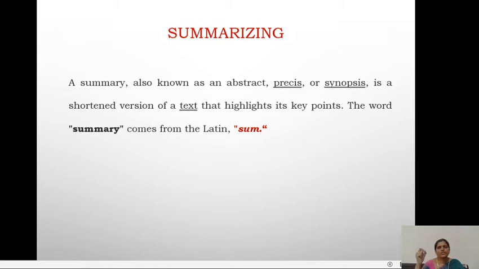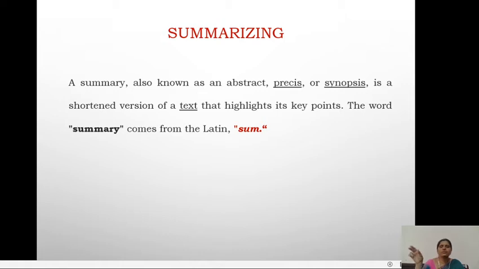But we have a few things to follow when we are summarizing a text. That means when we are making it short, you have to focus on the main points that the author tried to describe, or tried to focus on, in the original text. So what is it all about, what the author is trying to tell you.